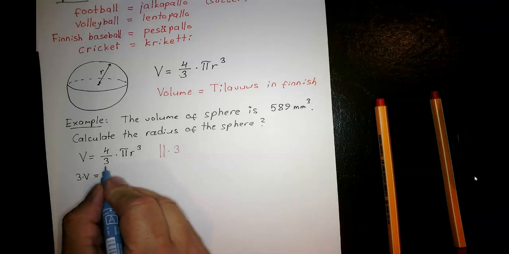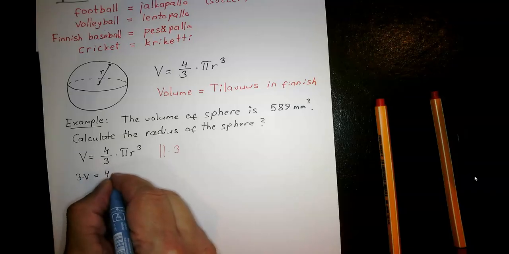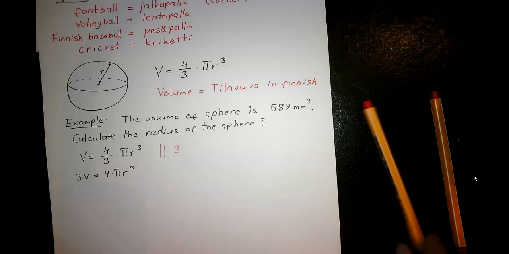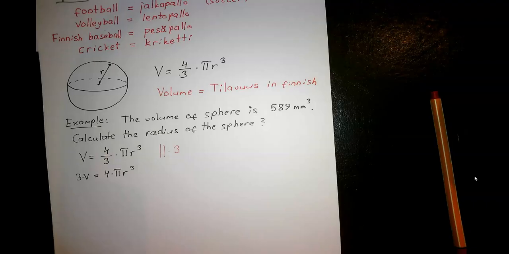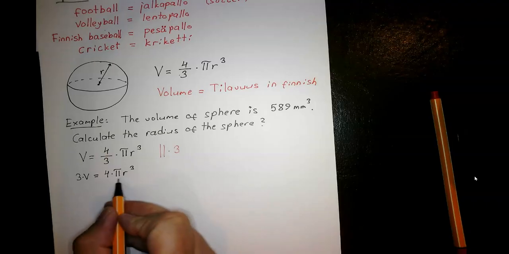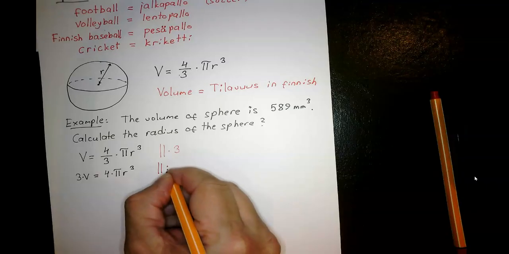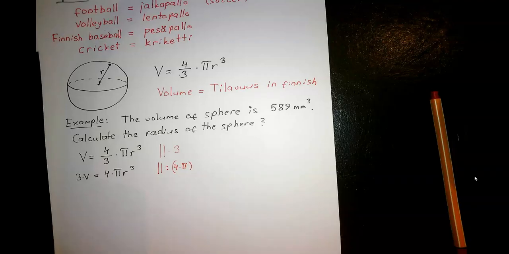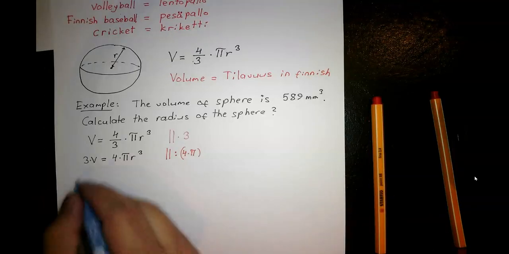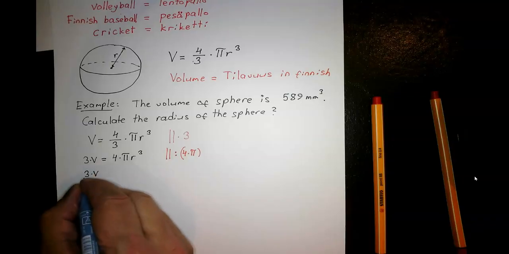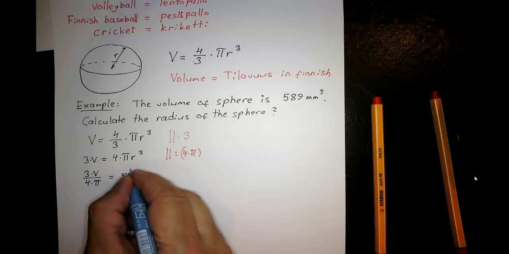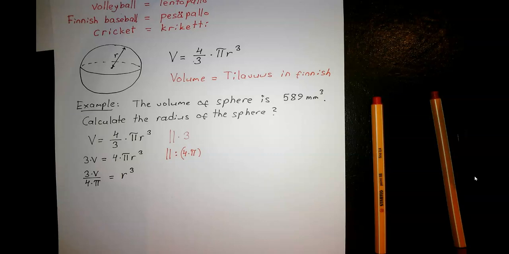So we multiplied this 3 to the left hand side, so we have this 4 times pi r cubed on the right hand side. And now we want to solve the r there, so we will divide by 4 times pi. So we will get 3 times V divided by 4 times pi equals r cubed, r raised to the power of 3.